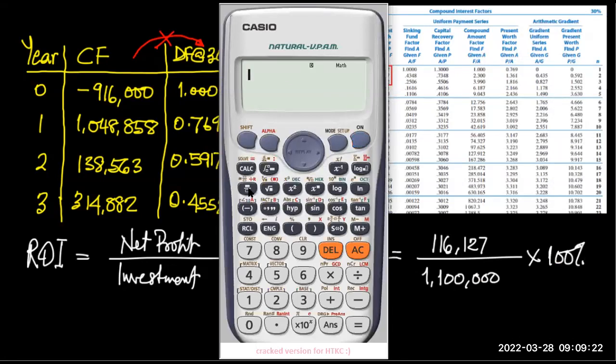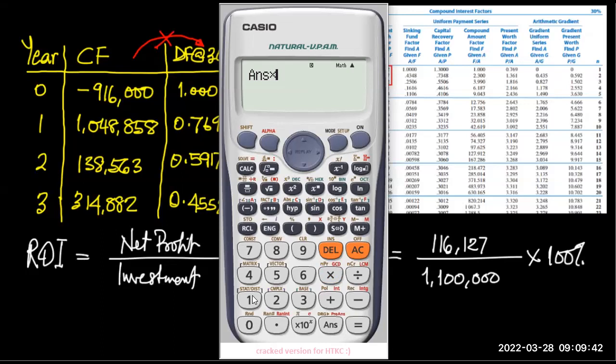So it's a fraction, so it's divided straight. 116,127 divided by 1,100,000.